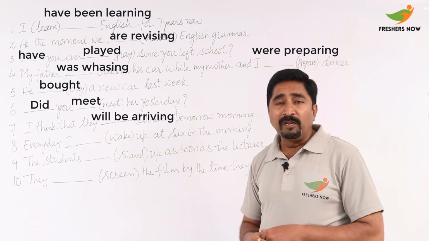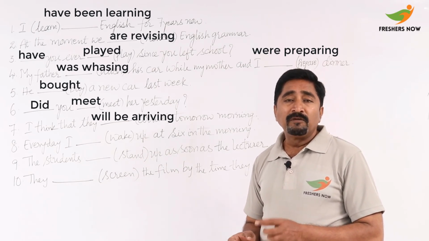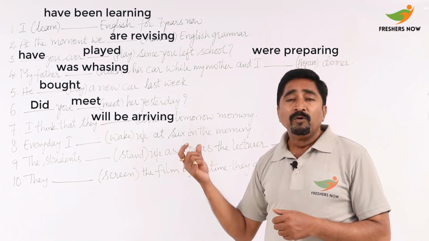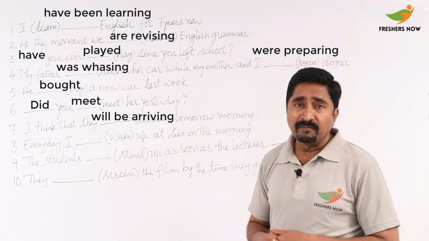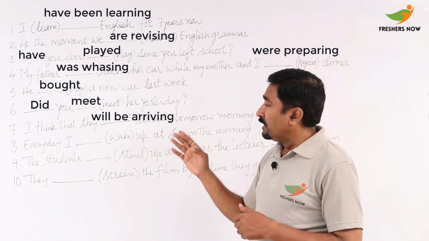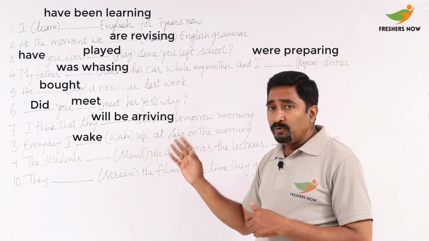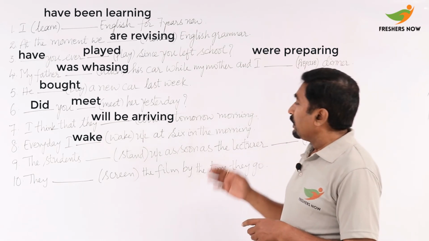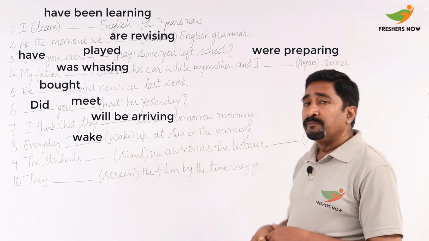It's as well very clear that with a signal word saying every day or daily, frequently, often, we can understand it is in simple present tense. So we should say, every day I wake up. No change of the verb given in the bracket. Every day I wake up at 6 in the morning.